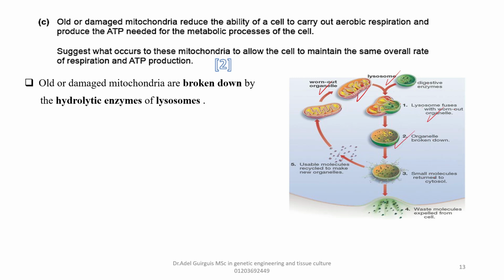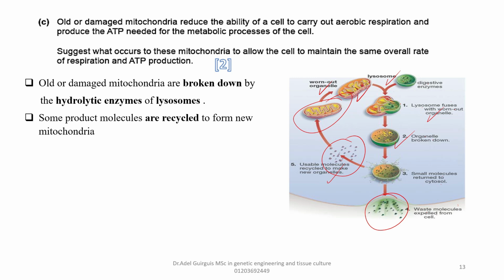Here small molecules return to the cytosol. These usable molecules are recycled to make new organelles like mitochondria in a healthy state, and waste molecules that are not used by the cell are expelled from the cell. So what occurs to these mitochondria? They are broken down by hydrolytic enzymes of lysosomes. What else? Some product molecules are recycled, like in this step and in this part.